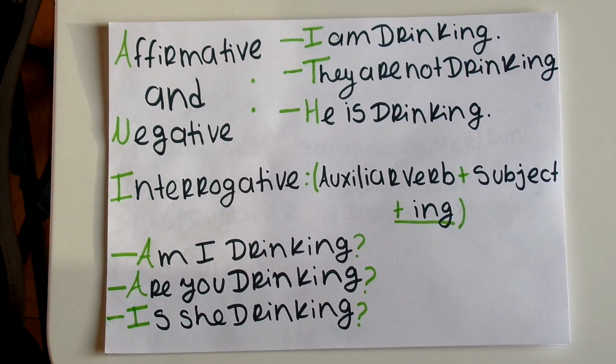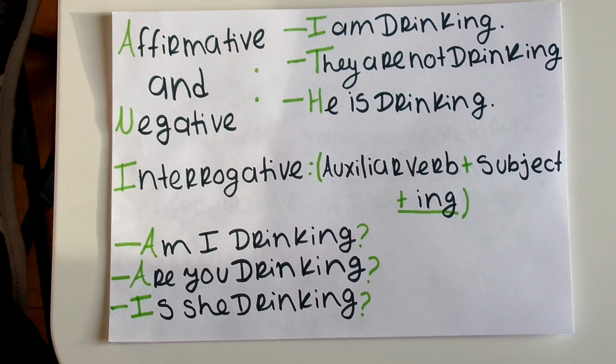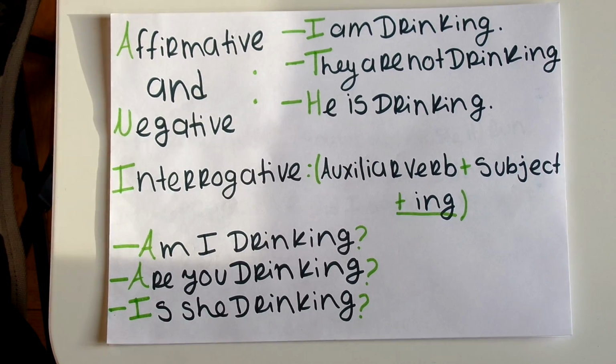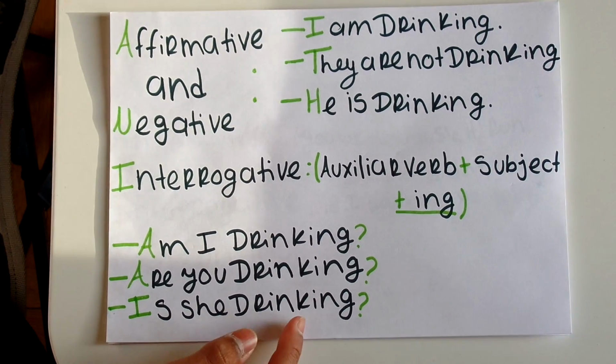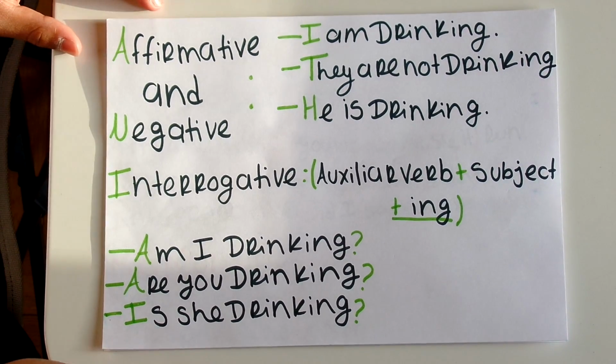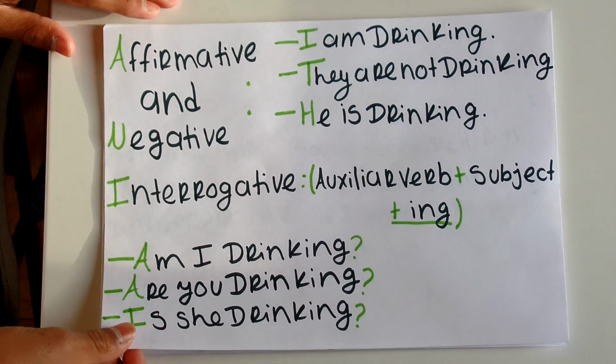And the last question will be is she drinking, having a subject of she and a verb again of drinking with ing. This was the present continuous tense.